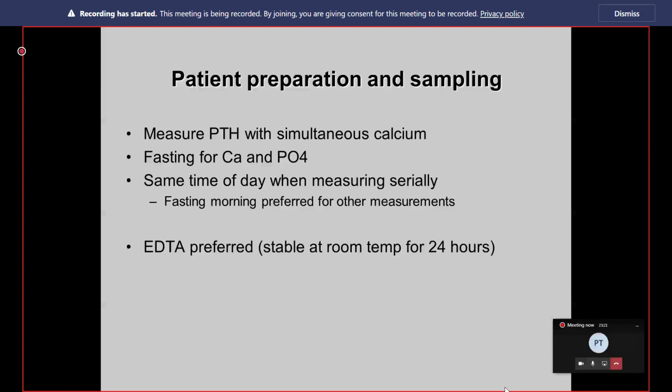As I mentioned before, PTH measurement should always be done with a simultaneous calcium measurement. There is a danger in measuring PTH on its own and then trying to interpret it with the previous calcium, because there's often change in serum calcium, and PTH really should be interpreted with current calcium.